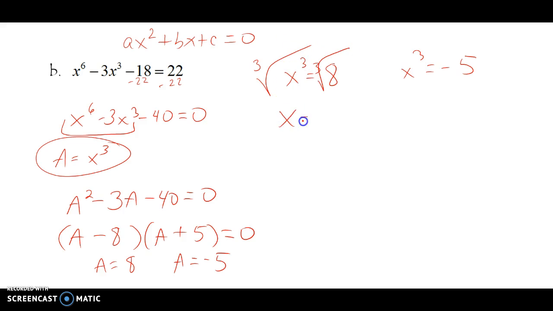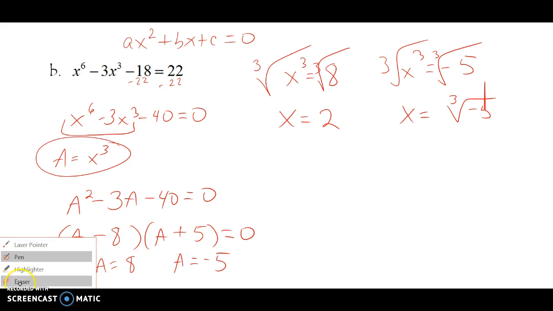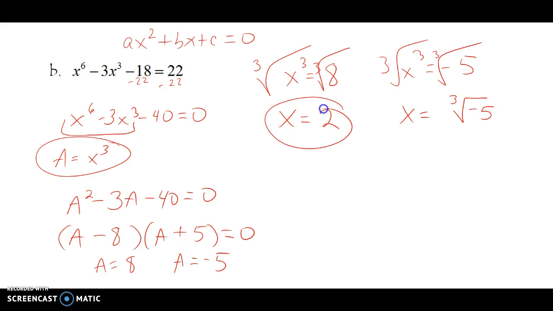so we get x equals 2, and for the cube root of negative 5, x will equal the cube root of negative 5. So we only have two answers for this, and they are 2 and the cube root of negative 5. And we could check each of these.